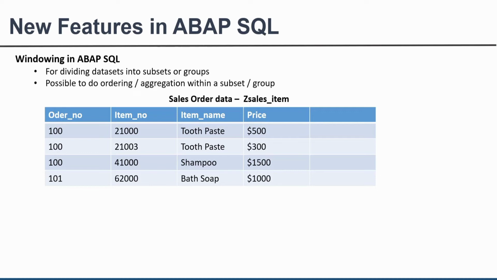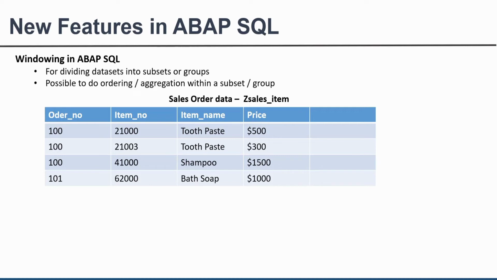So suppose this is data from a consumable product company and they want to understand the sale of their consumable products in each order. So for example, in order number 100, there are 3 products, 2 toothpaste and 1 shampoo. So they want to understand what is the percentage of toothpaste and what is the percentage of shampoo in that particular order.